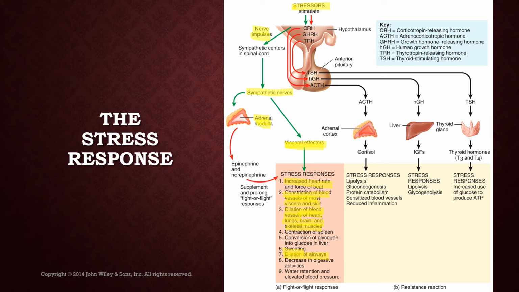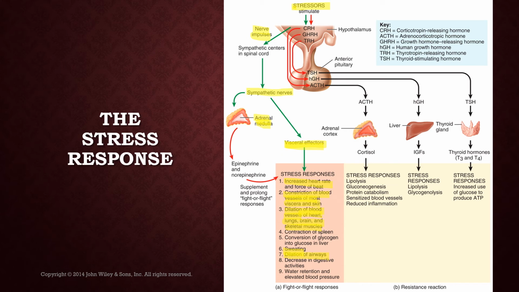It's all nerve responses. Now, on the other hand, the resistance reaction is initiated in large part by those hypothalamic releasing hormones, and it's going to be a much longer lasting response. Here, these red arrows are going to indicate the resistance reaction.